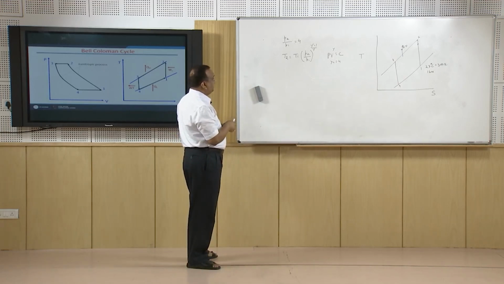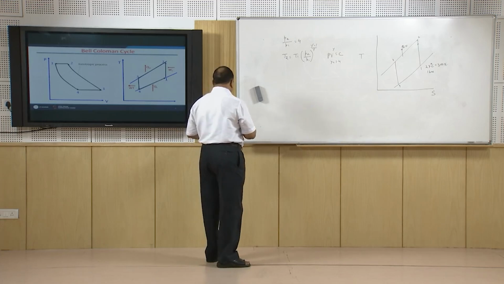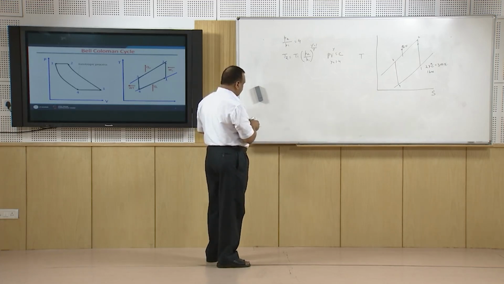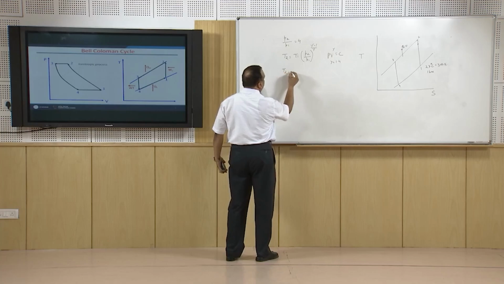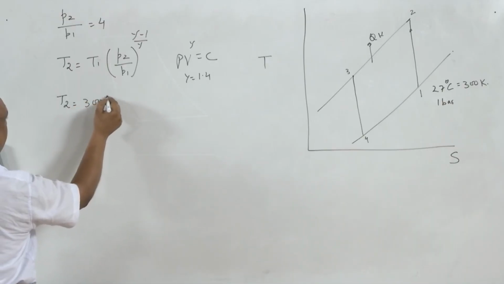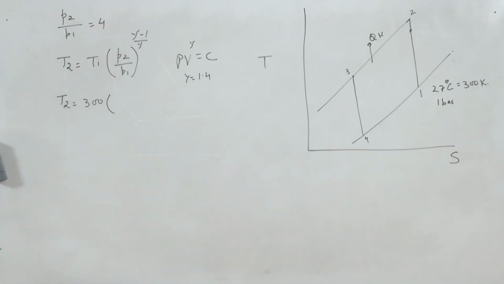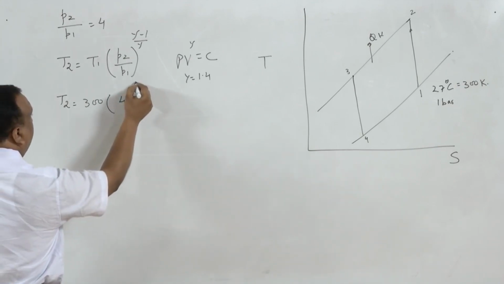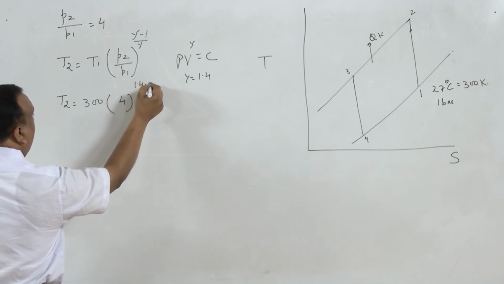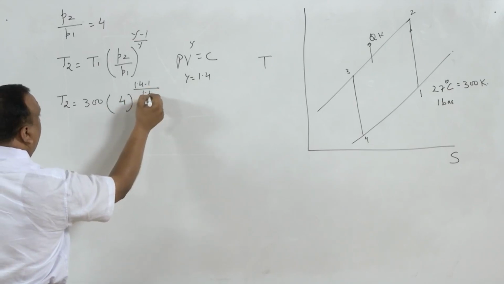Now, if we put in the numerical values, T1 is 300 Kelvin, P2 by P1 is 4, so 4 raised to power (1.4 minus 1) divided by 1.4.